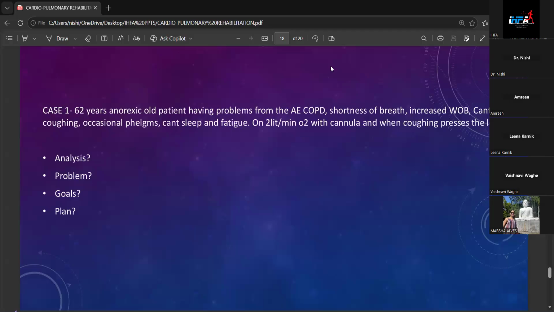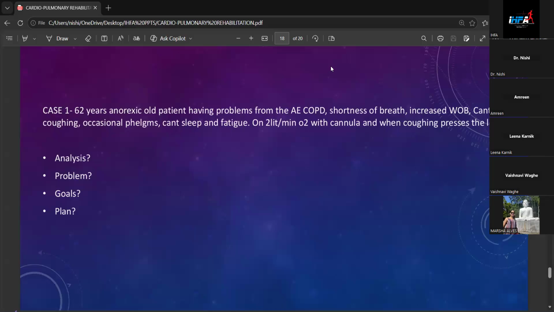For fatigue, what will be the goal or the line of management? These patients will have less oxygen, so the muscles will not get enough oxygen and there will be fatigue. The main thing you have to do is breathing retraining.